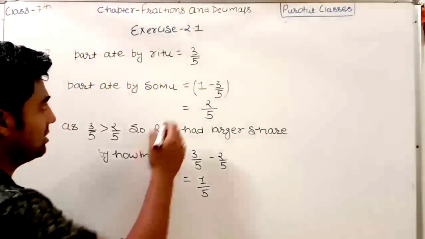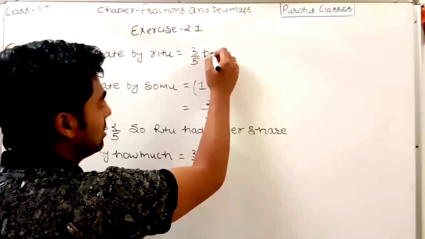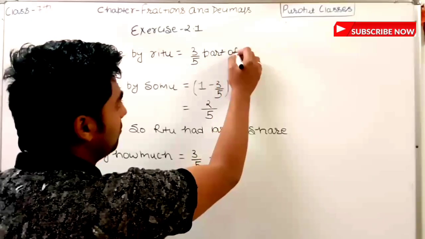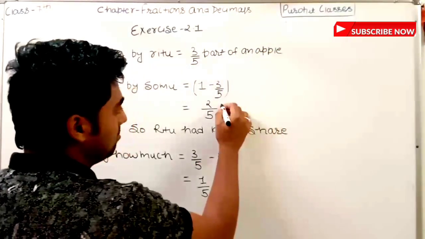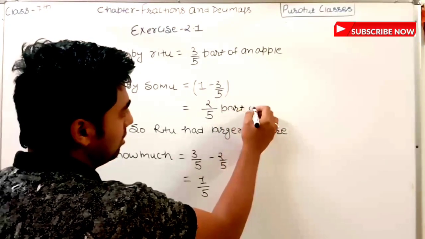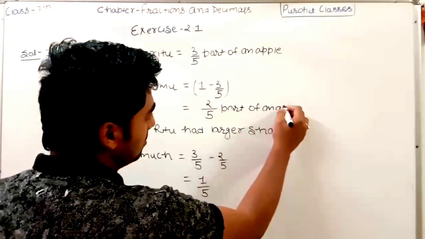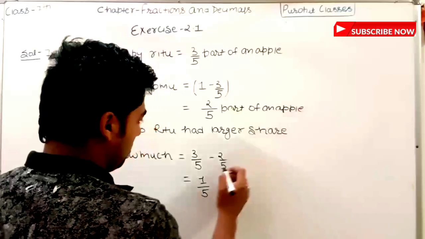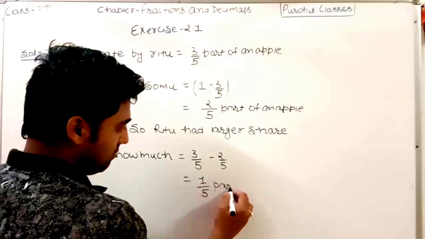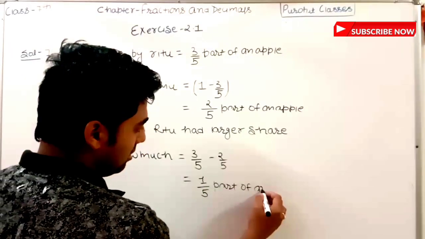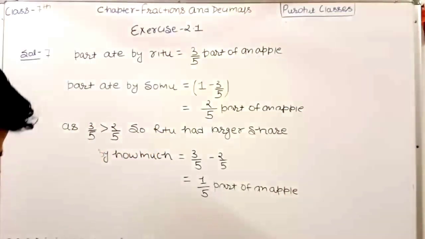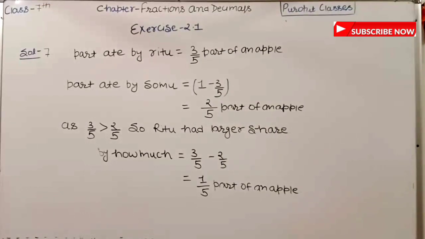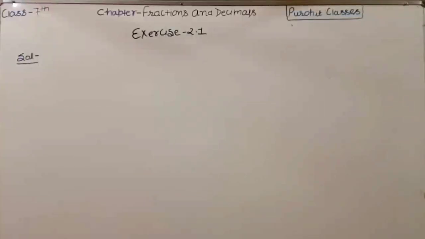And we should also mention here, part of an apple, 1 by 5 part of an apple. Understood? Okay, pause the video and note it down. Now let's see the next part.